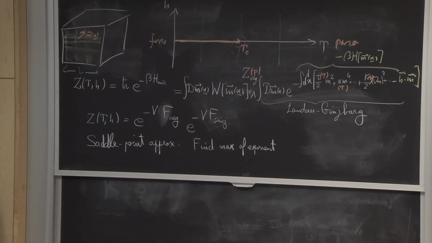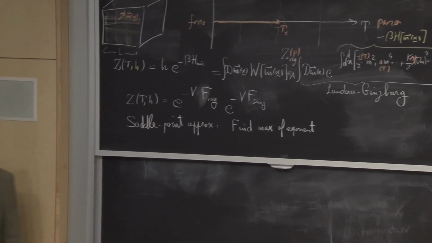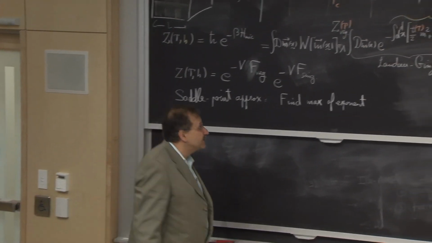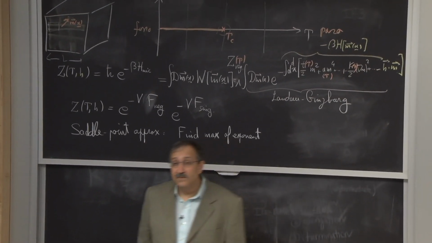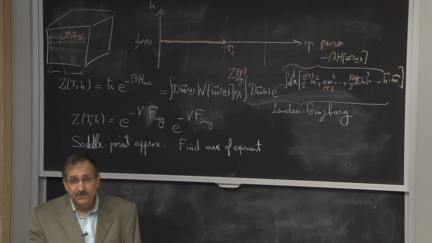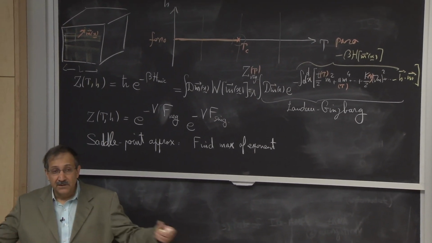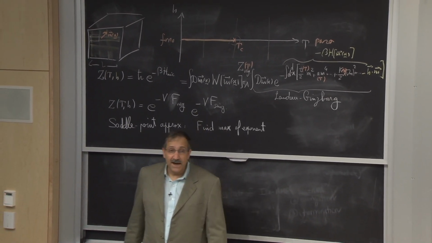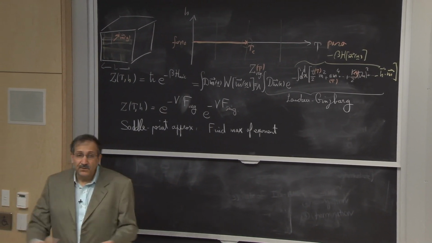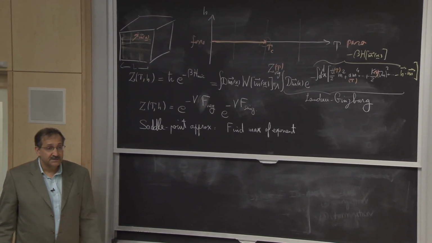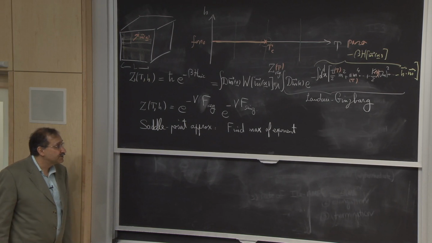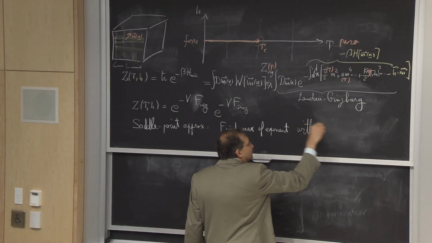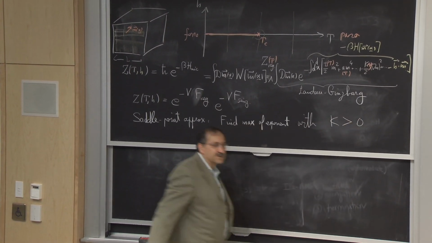I'm going to make one further statement here before I do that, which is that this term, the thing that is proportional to the gradient of m, has something to do with the way spins know about their neighborhood. And if I'm looking at something that is a ferromagnet, the tendency is for neighbors to be in the same direction. That's how ferromagnetism emerges. And that corresponds to having a k that is positive.